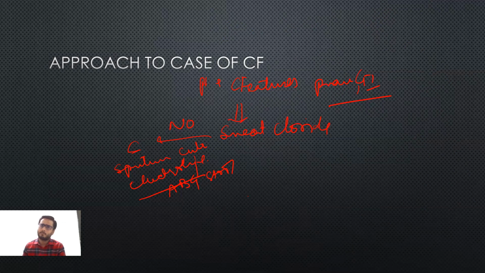So you are getting fat globules, in sputum culture you are getting pseudomonas or staph aureus. In electrolytes, you are getting hyponatremia, hypokalemia, and in ABG, you are getting hyponatremic, hypochloremic metabolic alkalosis.